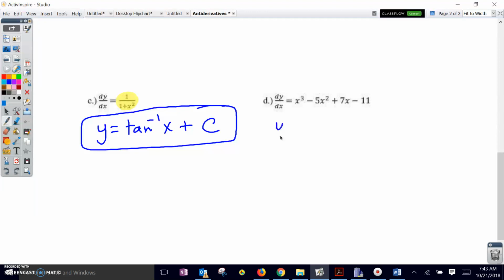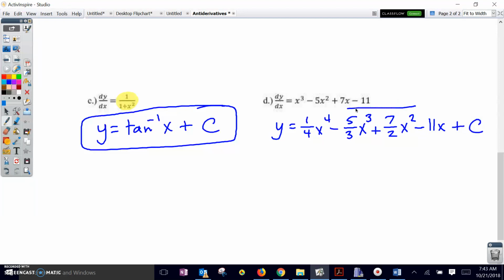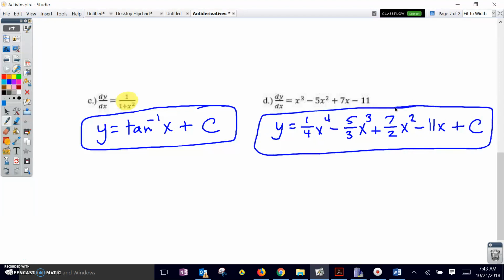Alright, and this part D, I've got 1/4 x to the 4th minus 5/3 x to the 3rd plus 7/2 x squared minus 11x plus C. And all I did there for every term was find something that when I took the derivative of it, it gave me what was in the original differential equation.